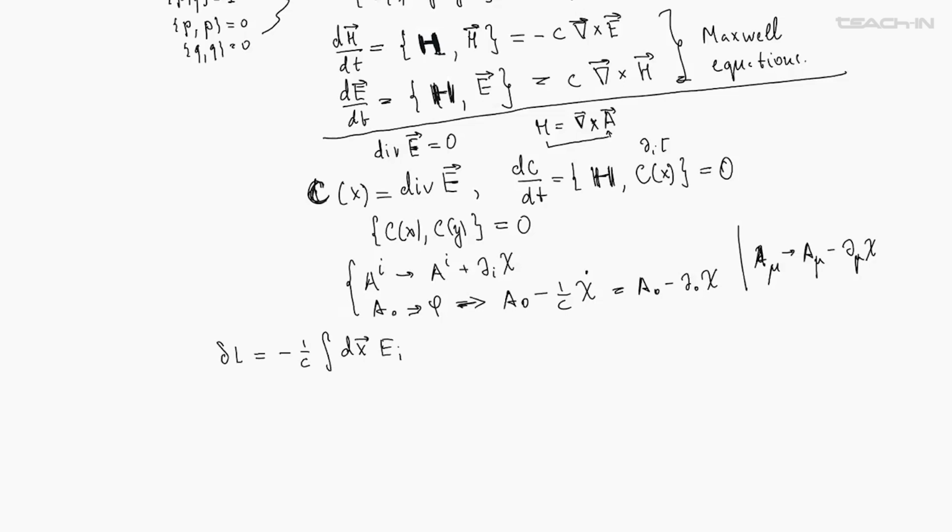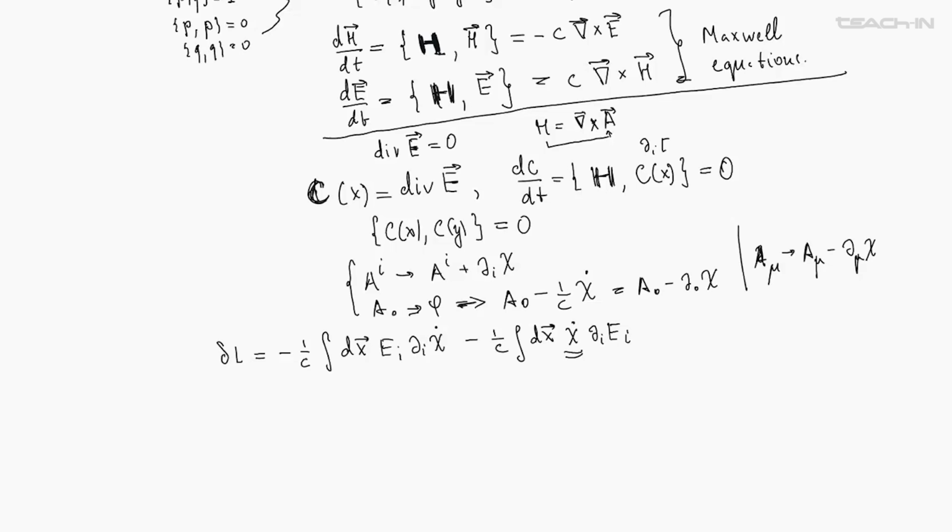And the term containing the Lagrange multiplier will be changed as -1/c integral dx, and now A_0 will be changed to chi dot, d_i E_i. So this is the change of A_0, -1/c chi dot.